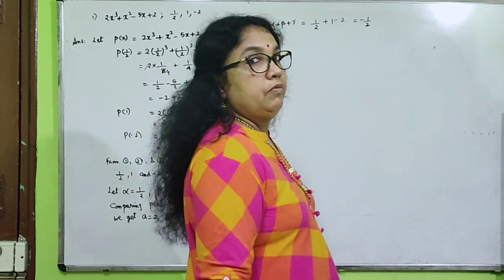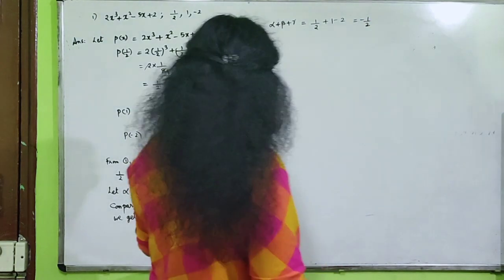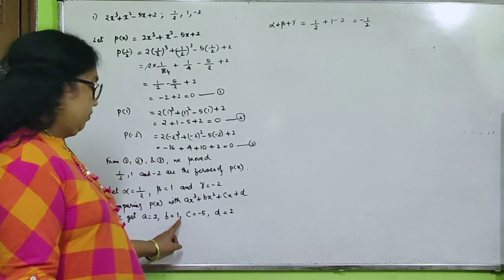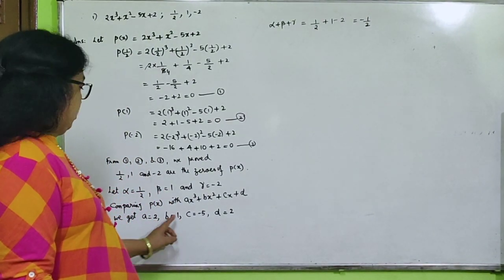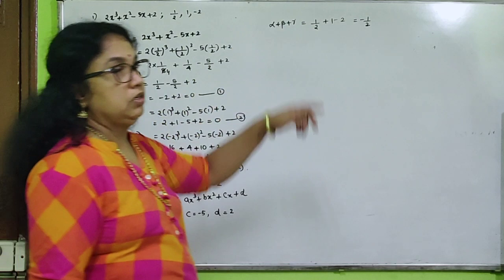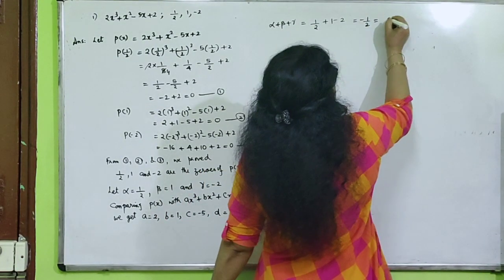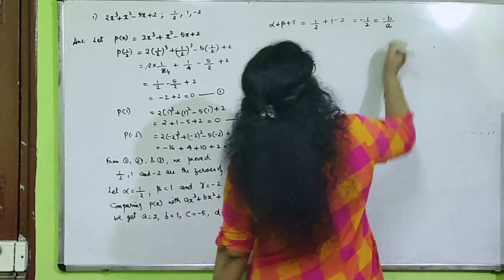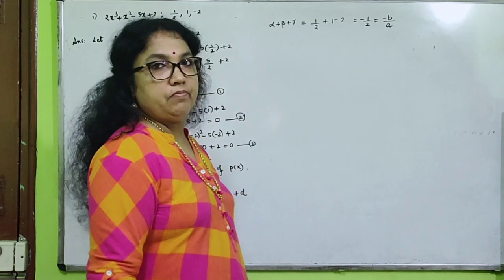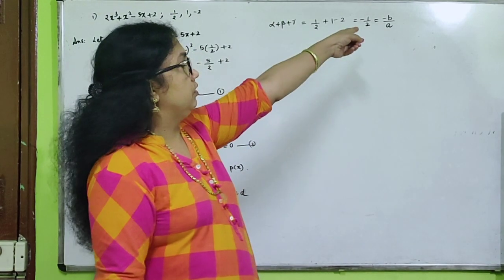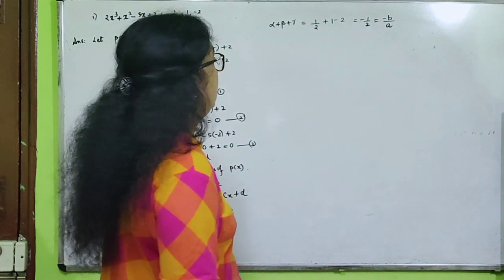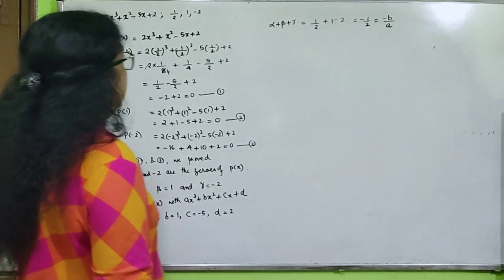That is what we need to get, minus b by a. b's value is 1, and a's value is 2. So minus 1 by 2, that is what we got. That is minus b by a. So the first one, verification, we have done: the sum of the zeros with the coefficient of the terms of x.